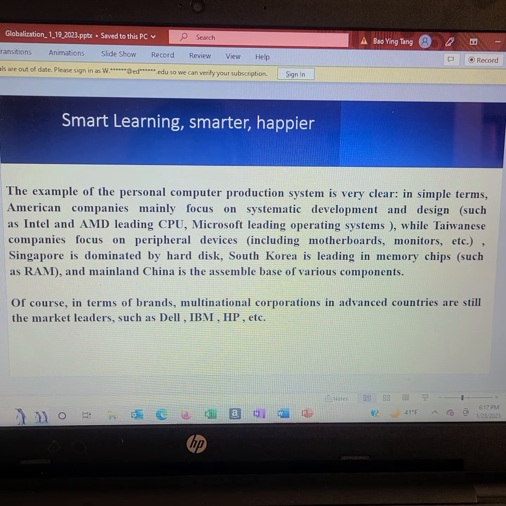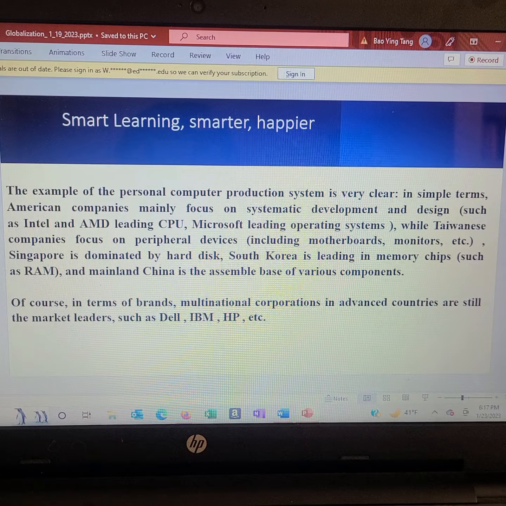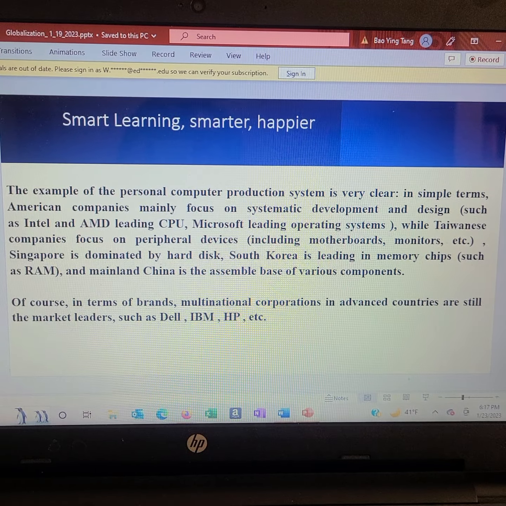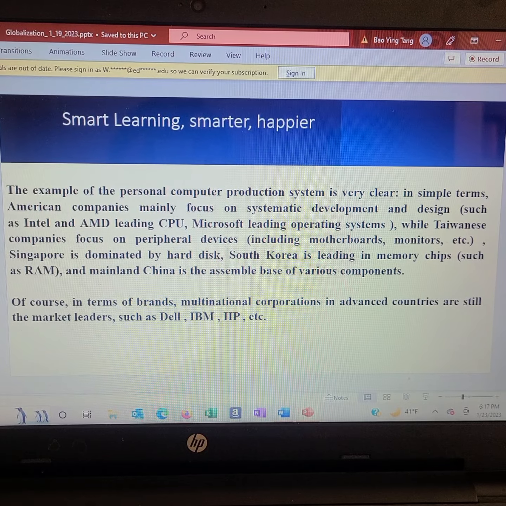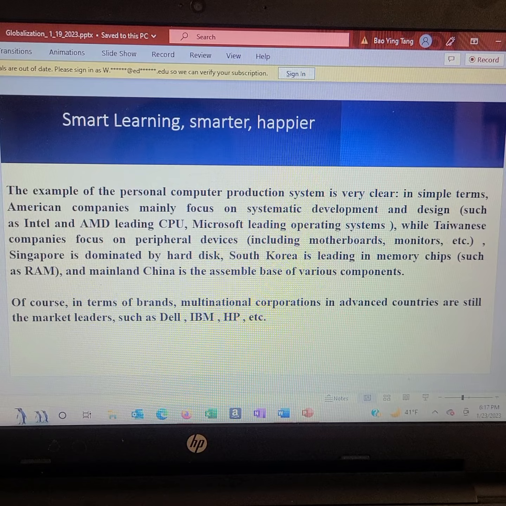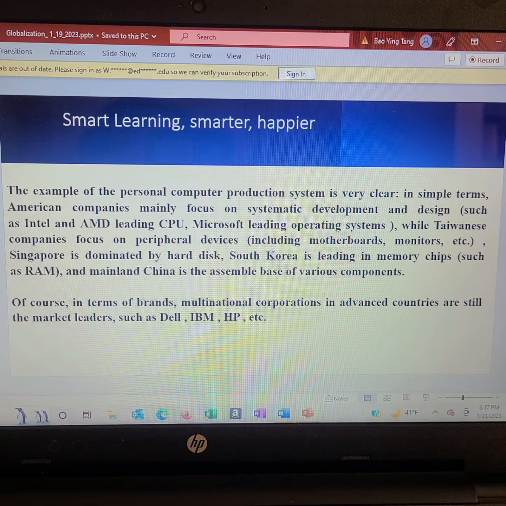South Korea is leading in memory chips production, such as RAM, and mainland China is the assemble base of various components. Of course, in terms of brands, multinational corporations in advanced countries are still the market leaders, such as Dell, IBM, and HP.